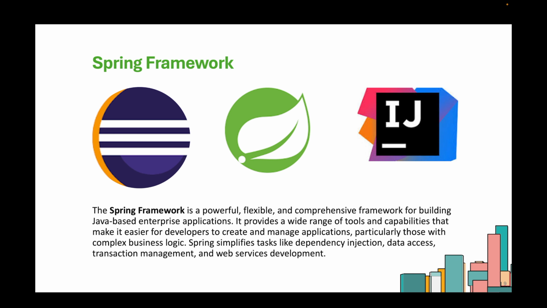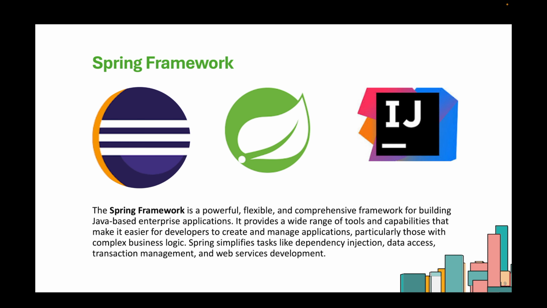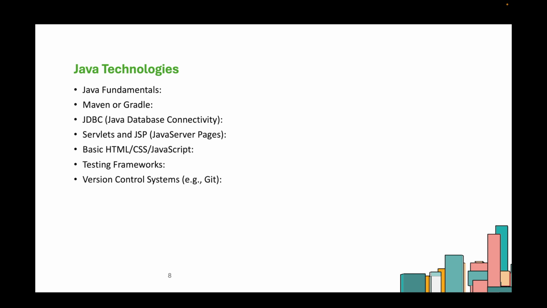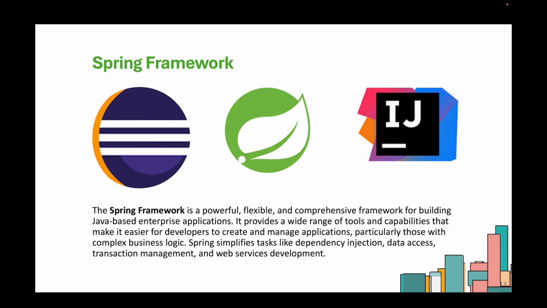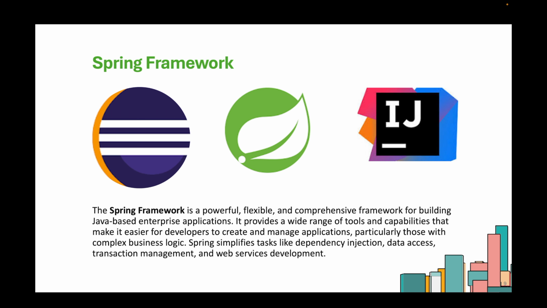To get into the Spring framework, when we are comfortable with all these technologies, we can develop web-based applications using the Spring framework. In other words, Spring internally uses all these technologies to develop web-based applications much faster.